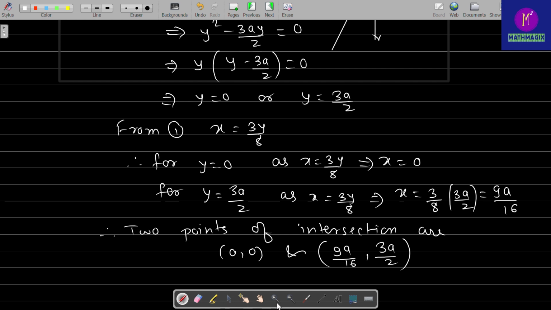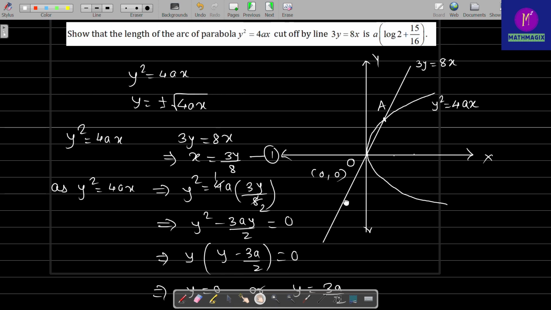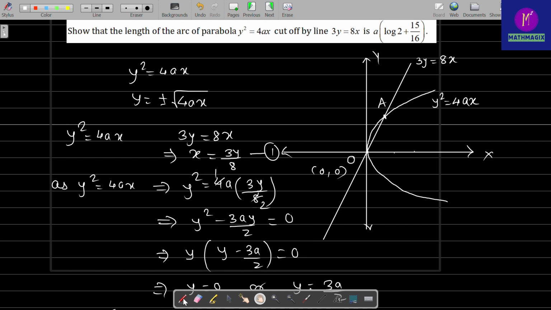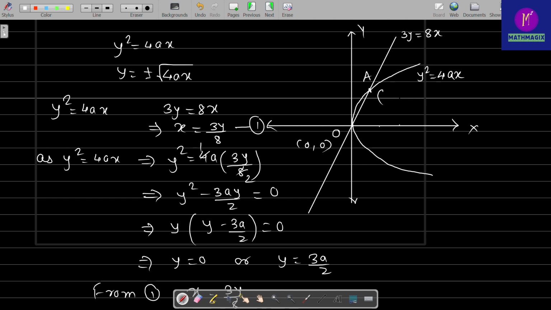Let us write down all these points in the diagram. Already we have written the point (0, 0) over here, and the point A is 9a by 16, that is the x coordinate, and the y coordinate is 3a by 2. So we have the points of intersection and we need to find out the arc length OA.